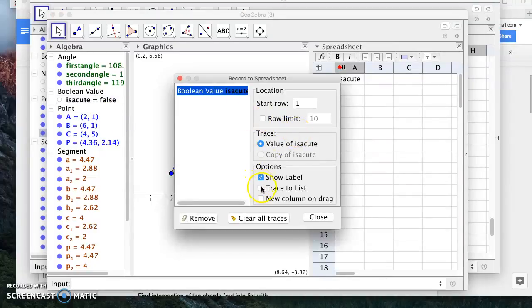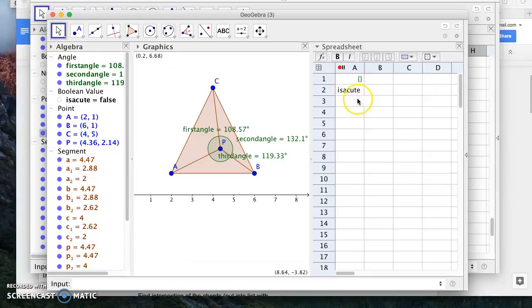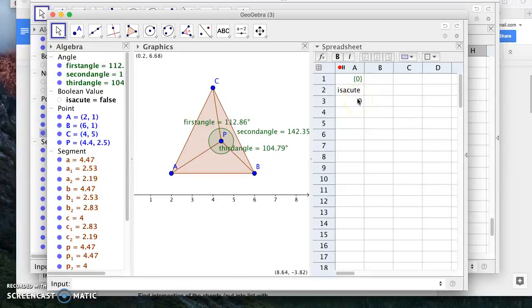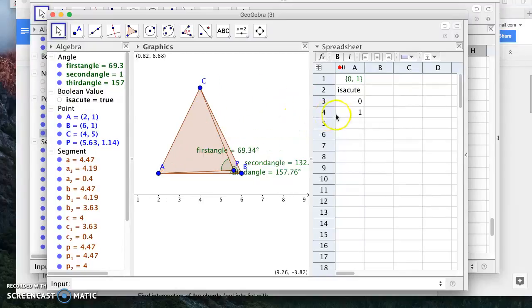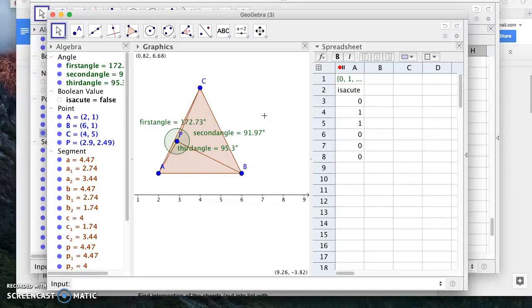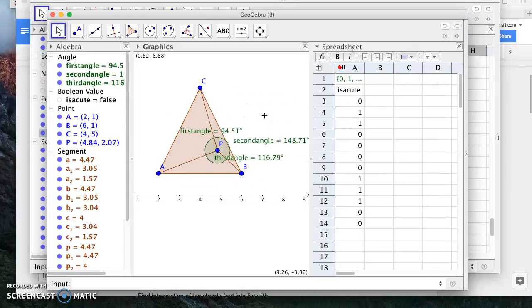And with this, I'm going to hit trace to list, so it gives me a list of all the outcomes. I'm either going to get a 0, which means false, so there are no acute angles in this triangle, or I'm going to get a 1, which means true. So I'm just going to hit this randomly and go, woo, look at all the pretty numbers.